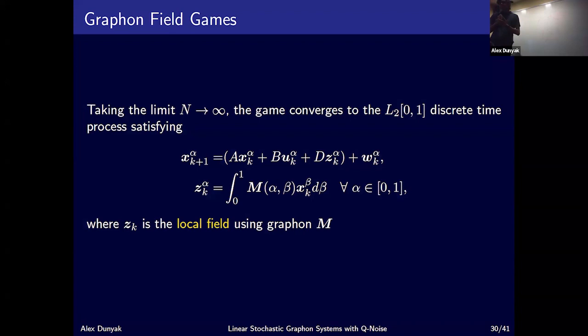So when we have a graphon field game, we just take the limit as the adjacency matrix Mn goes to infinity, and we replace it with the graphon, this bold M. So instead of having this finite sum, we replace it with Z, which is just the operator M acting on these states of all other players X. So we call the Z here the local field.